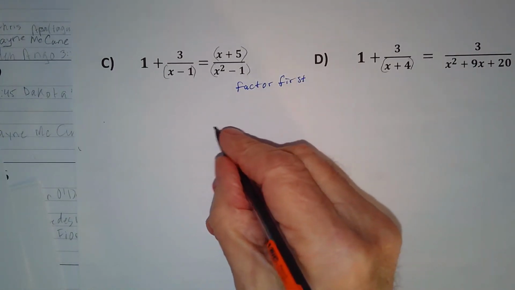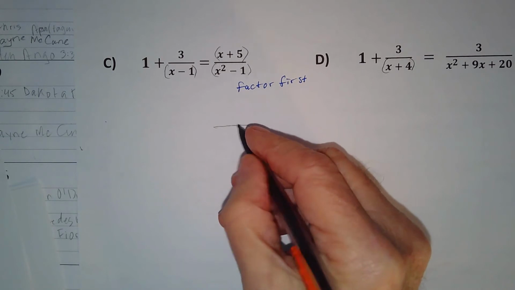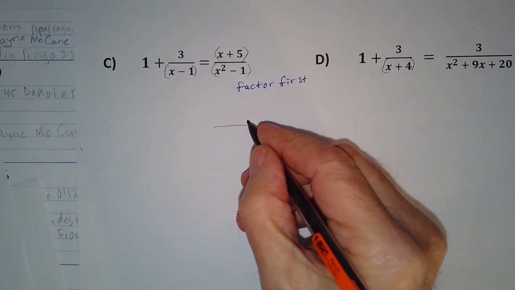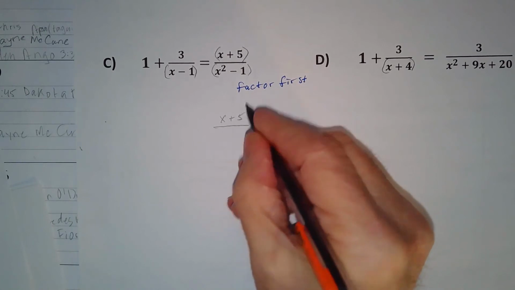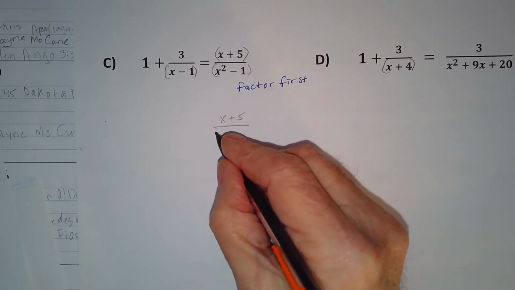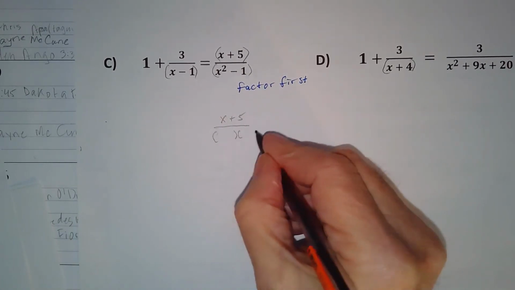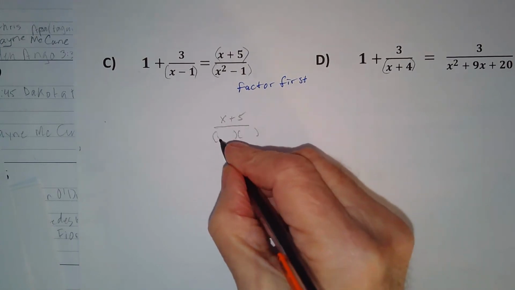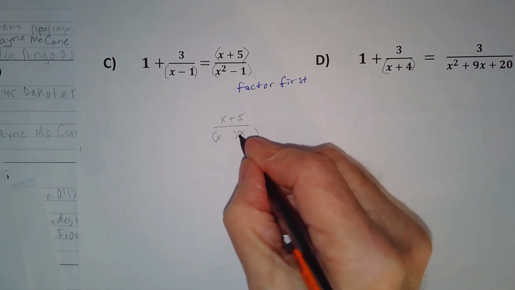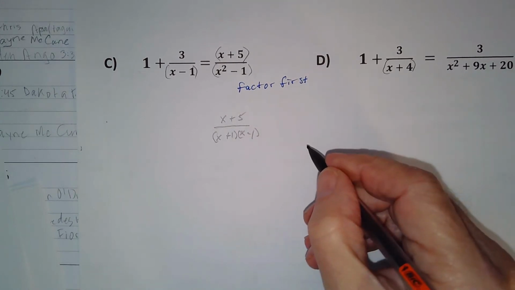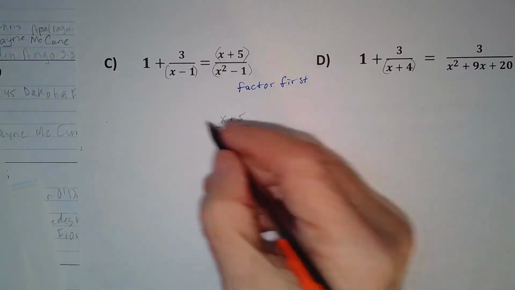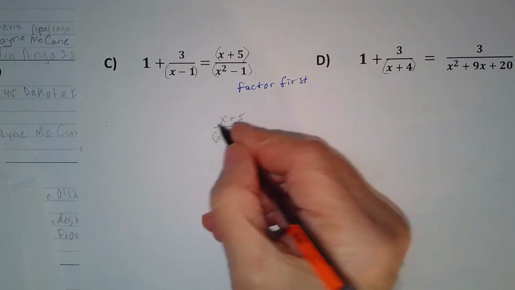So I've got x plus 5, and this is double bubble. The difference of squares, so that's x times x, and then plus 1 and minus 1. Okay, difference of squares. And then over here, let's put the equal sign.